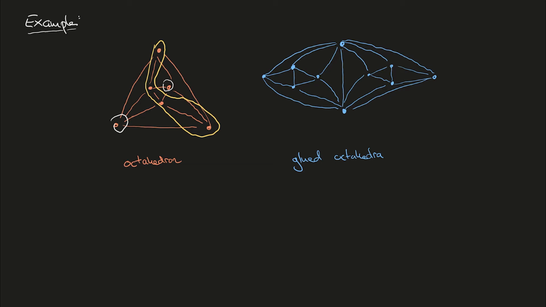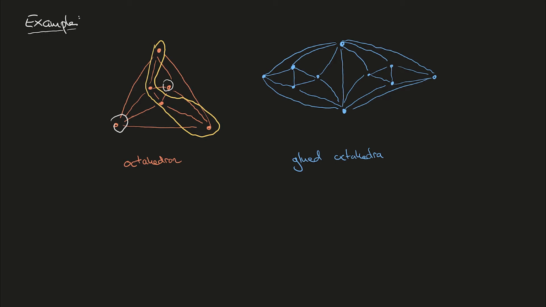Because the octahedron graph is symmetric, there are three pairs of vertices that we could have chosen in the beginning, but all of these choices will lead to the same outcome. So in fact, the only way to disconnect this graph with the fewest possible vertices is by choosing these four.